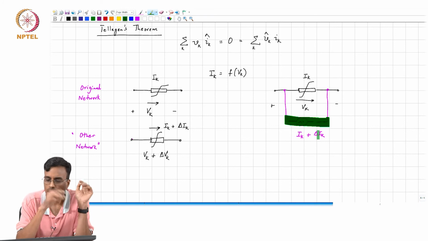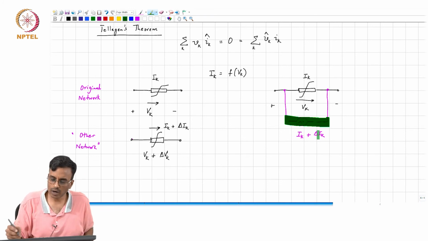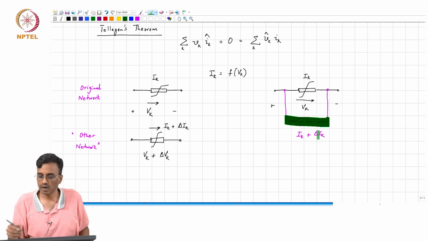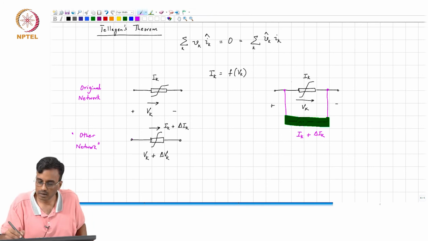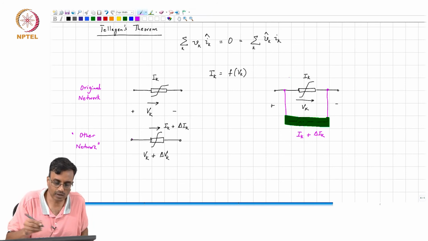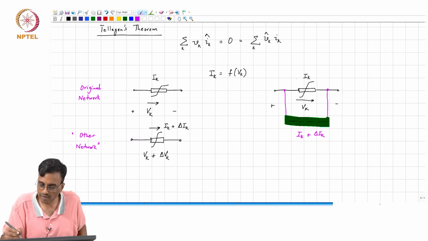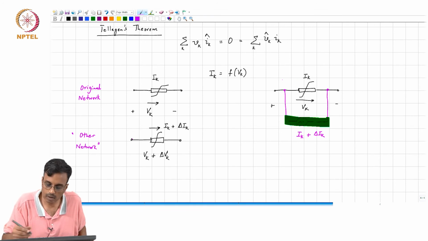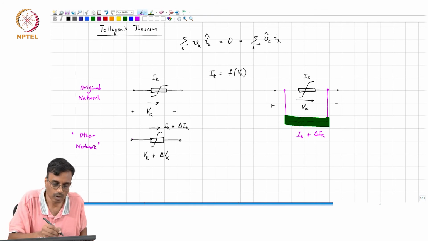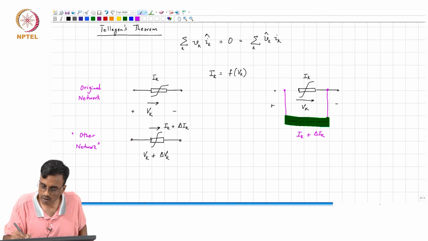Correct? Okay. And likewise, I am going to put in series with every branch a voltage in the opposite direction. I am going to put Vk plus delta Vk.